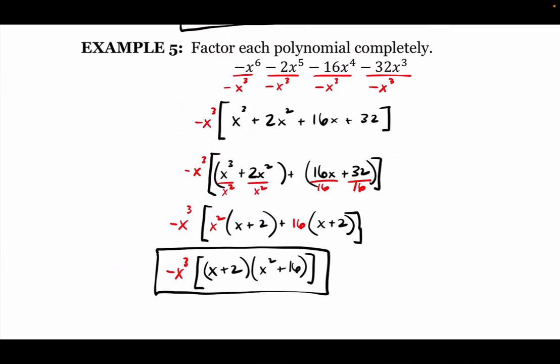Took the GCF of the first group, took the GCF of the second group. That made an x plus 2 in common. X plus 2, and then x squared plus 16 is the leftovers. That's not difference of squares. It's close, but it's not a minus. So I have to leave it alone. Done.